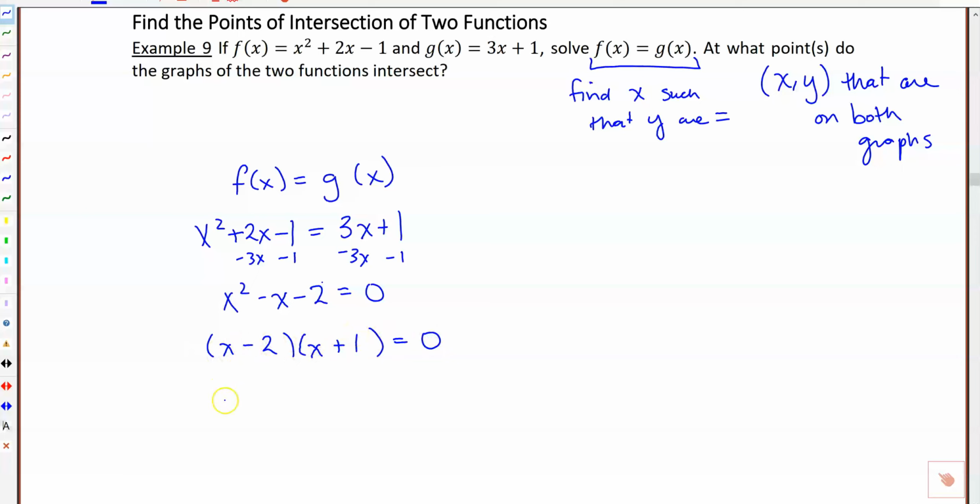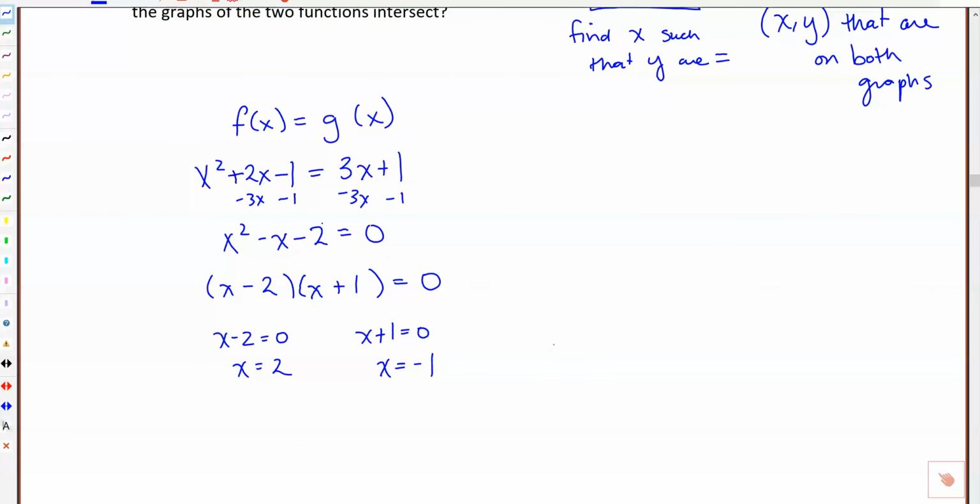So we'll set each factor equal to 0. If x minus 2 is equal to 0, that means x is equal to 2. If x plus 1 is equal to 0, that means x is equal to -1. What we just found here is that these values are the x coordinates of my intersection points.